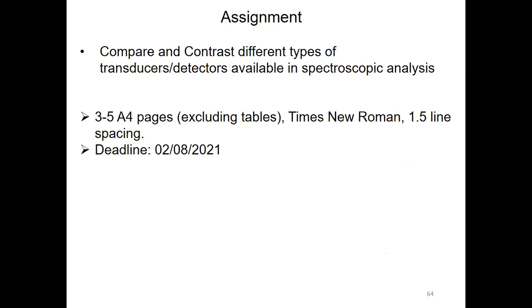And as I told you, I will give you an assignment. What you should do is compare and contrast different types of transducers or detectors available in spectroscopic analysis. When you do the comparison, it would be better to have pictures.